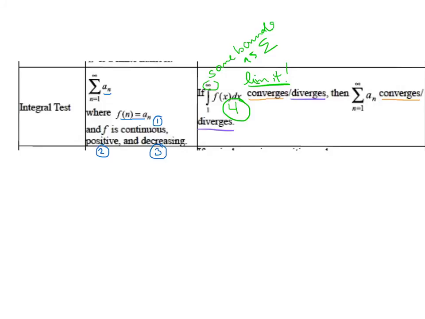All right, let's do some examples. So let's look at the sum from n equals 2 to infinity of 1 over n times natural log of n. All right, so those first things. First thing is that it needs to be continuous. So if we look at 1 over n natural log of n, well, n can't equal 0, because we'd have a division by 0.